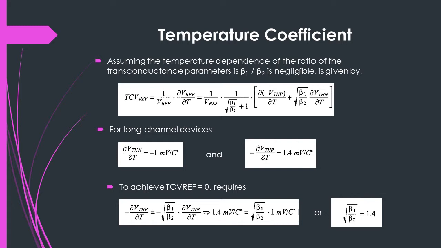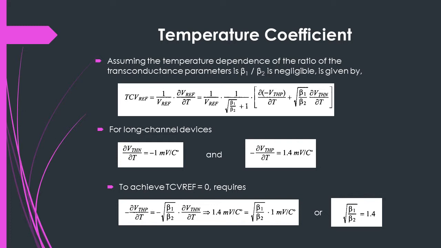That equals 1 over Vref times 1 over the square root of beta1 over beta2 plus 1, times the negative change in VTHP with respect to temperature, plus the square root of beta1 over beta2 times the change in VTHN with respect to temperature.